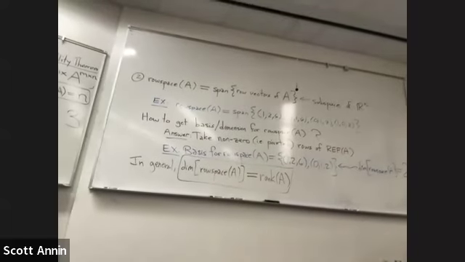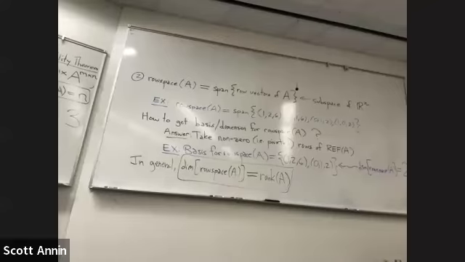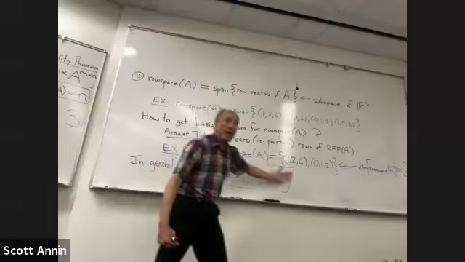It's kind of interesting, isn't it? The null space and the row space are subspaces of Rn. They're both subspaces of Rn, but their actual dimensions within Rn are not the same. The dimension of the null space is the nullity of the matrix. The dimension of the row space is the rank of the matrix.